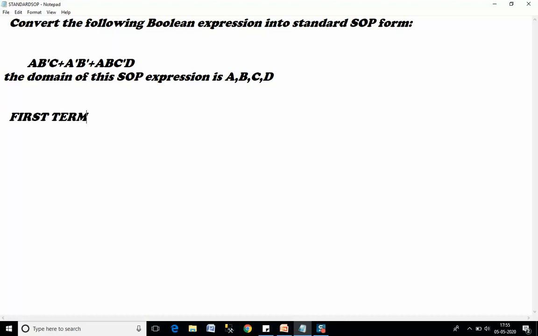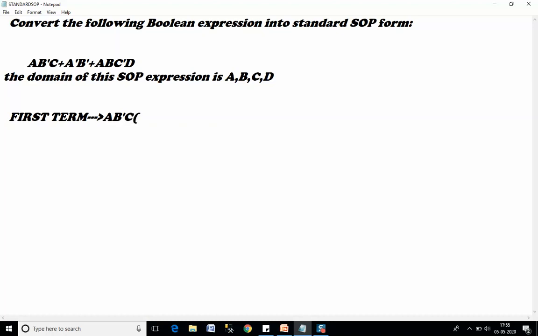My first term is A B complement C, right? So this is my first term, A B complement C. I have to include D in it somehow. So how am I going to include D in it?